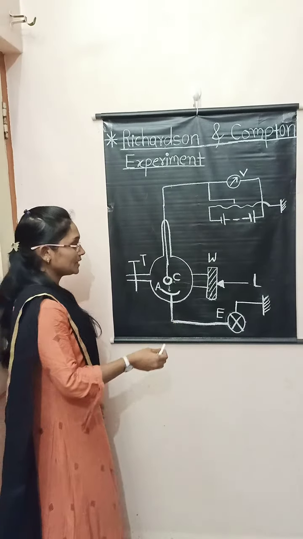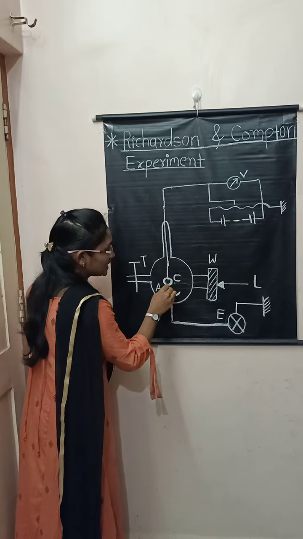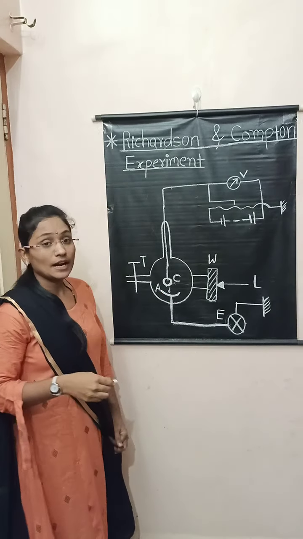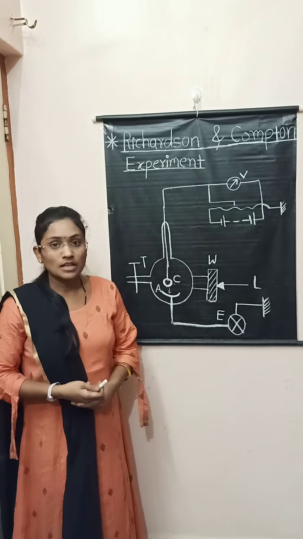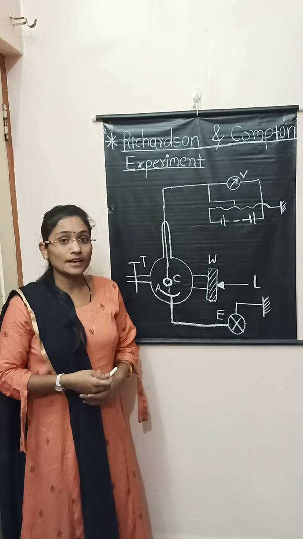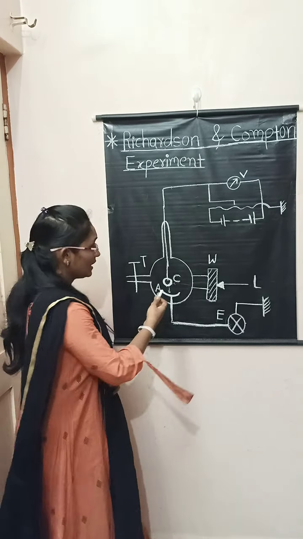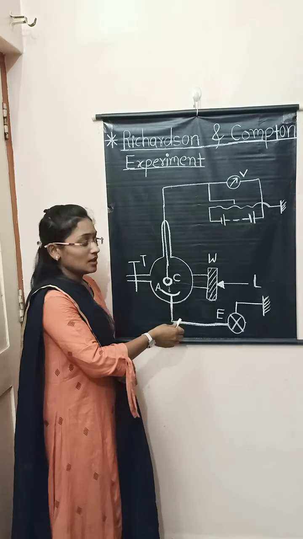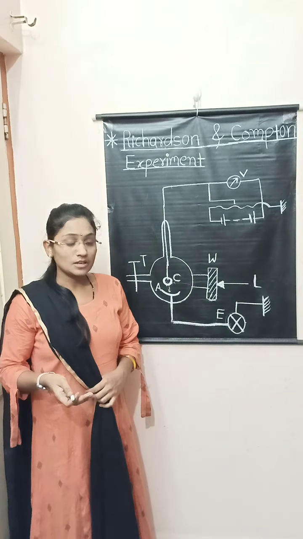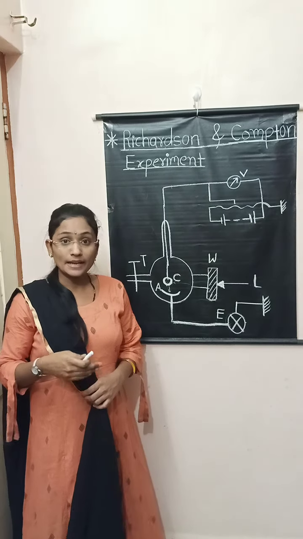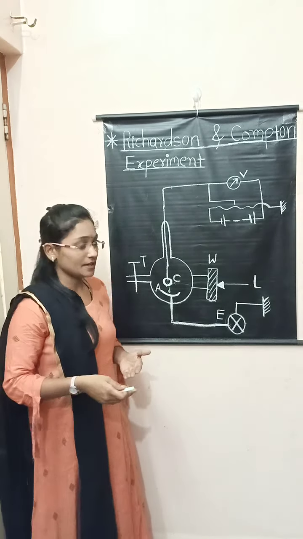Okay. And after that, in this metal strip C, a retarding potential is generated. But what does retarding potential mean? Retarding potential means the electromagnetic potential from the electromagnetic field generated by the time varying electric current.